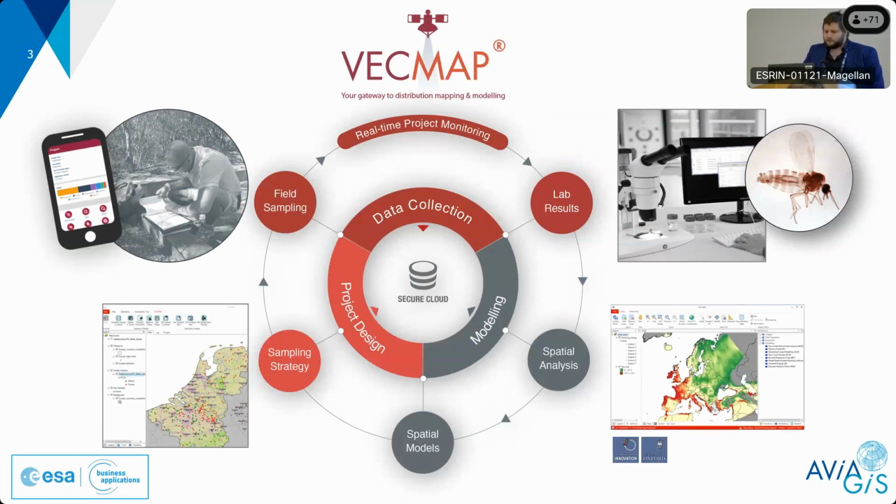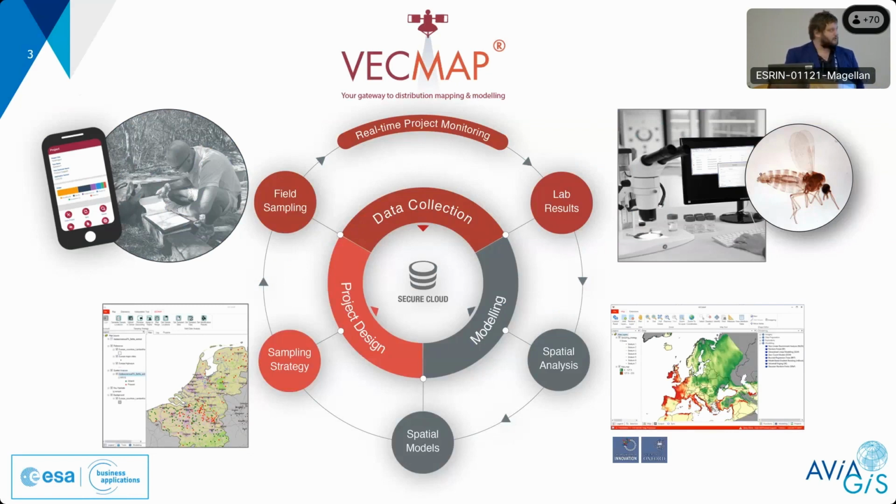For the where, we actually quite a while ago developed a software package, with financial aid from ESA, funding from their business application program, to help people collect data in the field and then model where vectors will be.